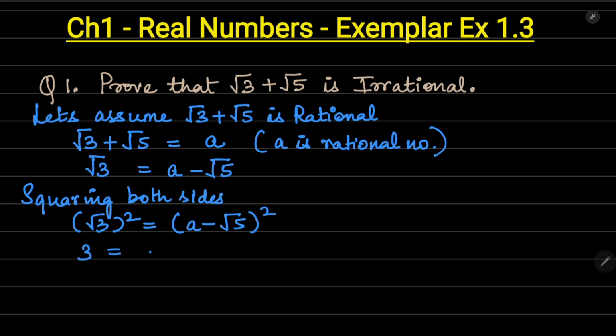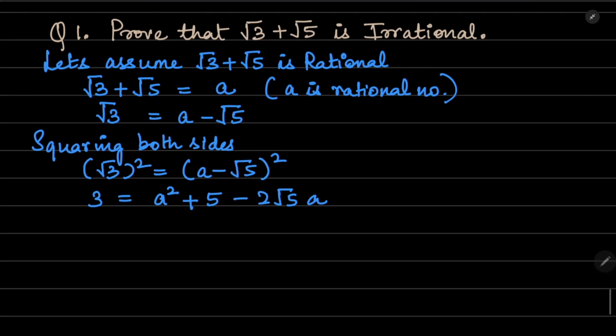So 3 is equal to a square plus 5 minus 2 root 5a. Let me take 2 root 5a to one side. So 2 root 5a comes to the LHS part, and a square plus 5 minus 3 goes to the RHS.